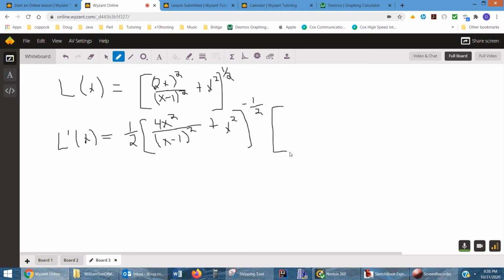And now we have to use the chain rule. And that's the derivative of the inside.